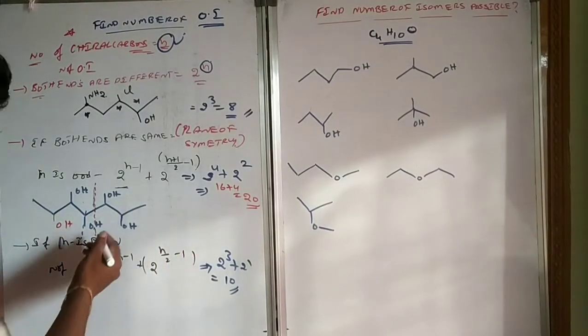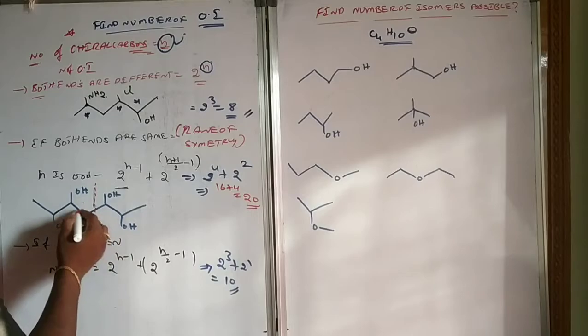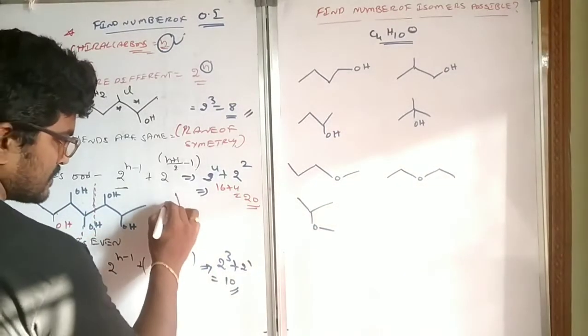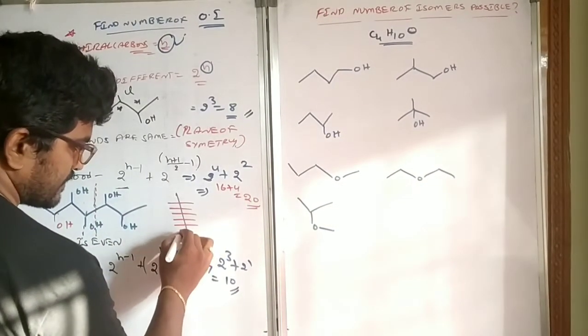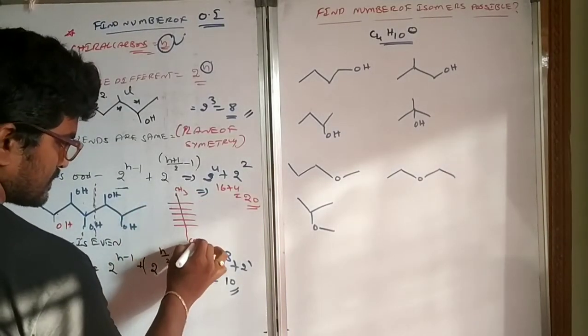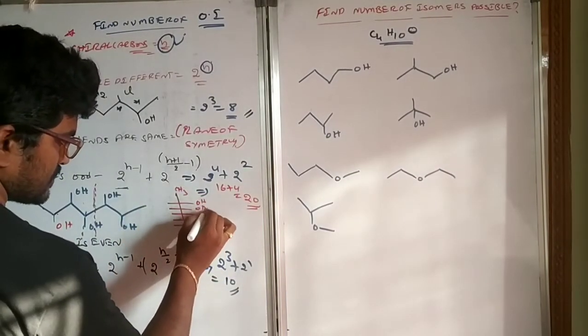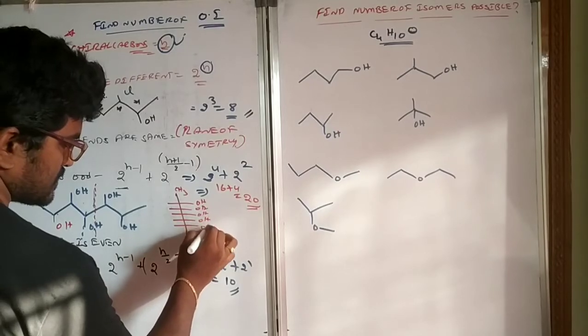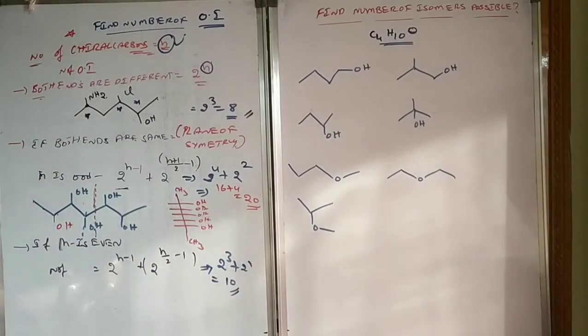Once you elaborate this compound, 2, 3, 4, 5, 6, 7 are there: CH3, CH3, OH, OH, OH, OH and OH. So this kind of thing is present when there is a plane of symmetry.